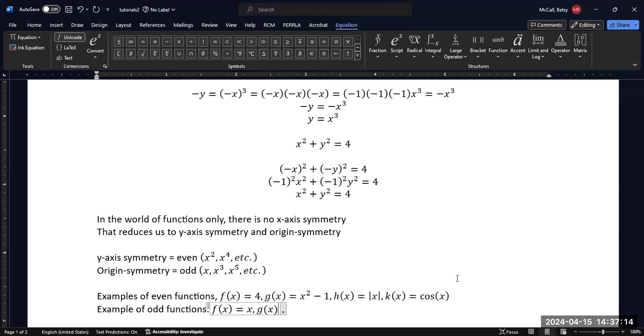You could have cubics with linear terms or without linear terms, that would be fine. You can have reciprocal functions. Those are odd symmetry. Also, when we get to trig functions, we'll see that sine is an odd function.